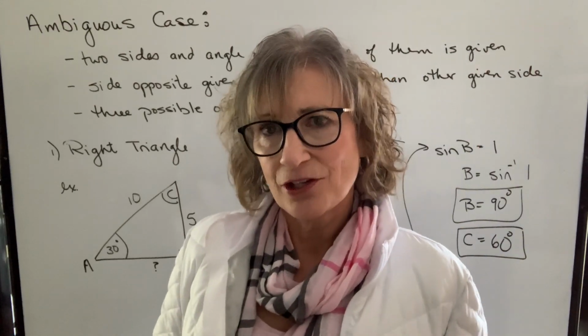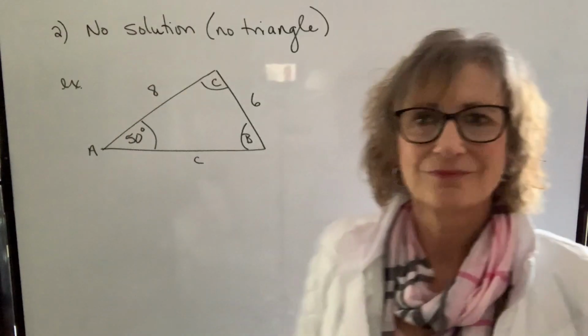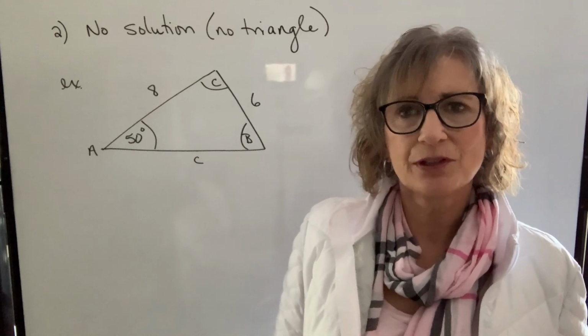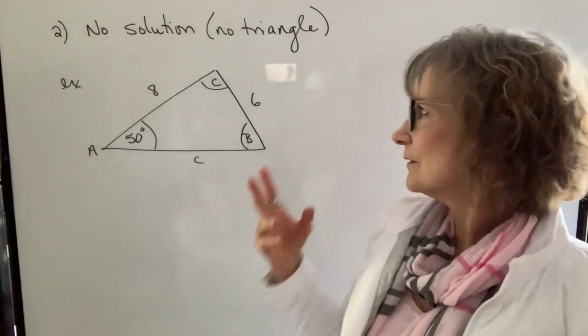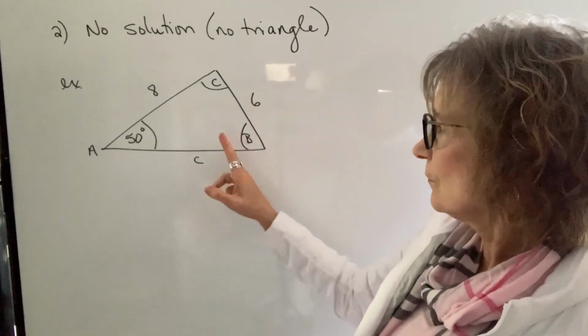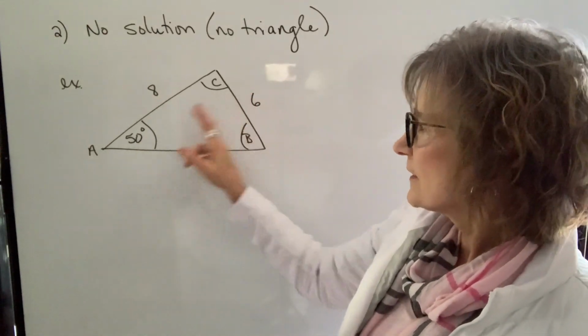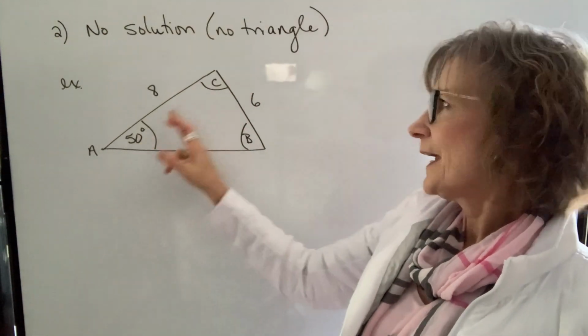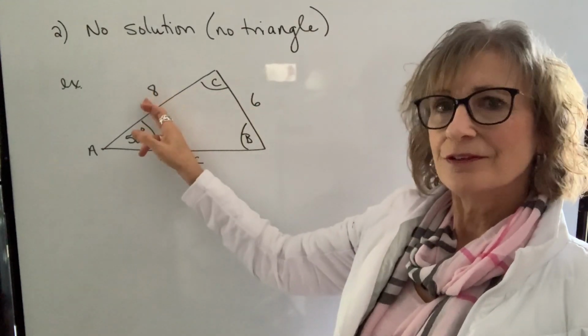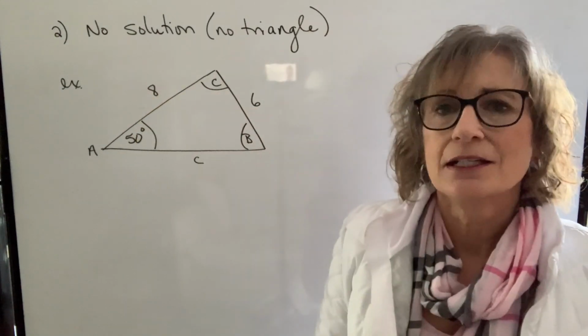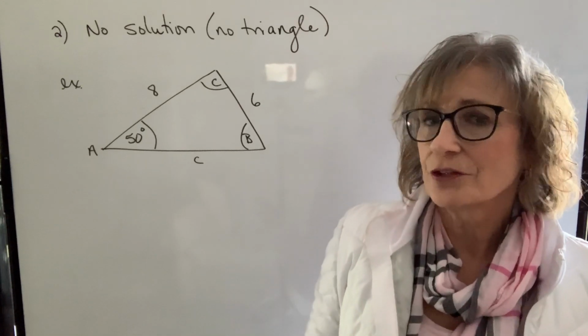The second scenario is as follows. The second possibility is that if you got the situation where two sides are given and one of the sides is opposite the angle given, and that side is shorter than the other given side, there could be no triangle at all.